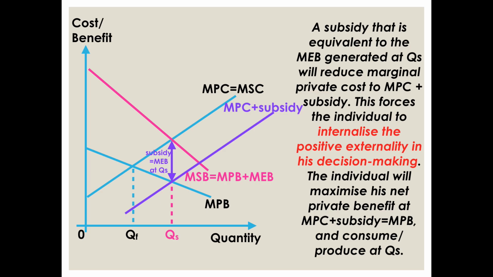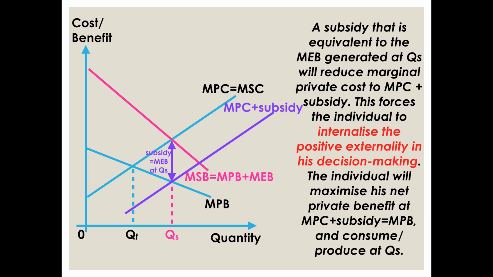Now, if the positive externalities that we are looking at are generated from the consumption of a good, for example, the consumption of education, when you attend school and you learn new things and you go home and share it with your siblings or your friends who have not paid for your education, they are the third parties who benefit from your consumption of education.